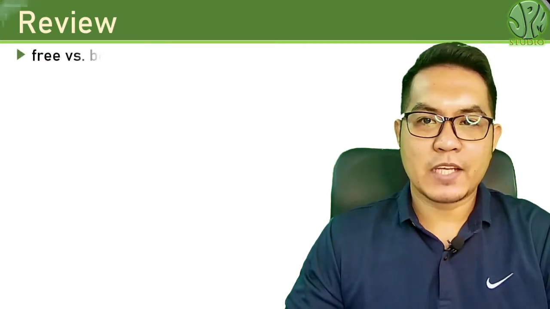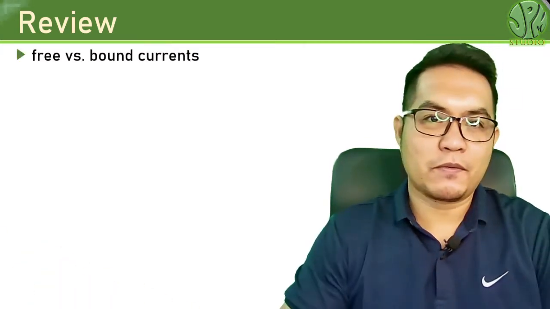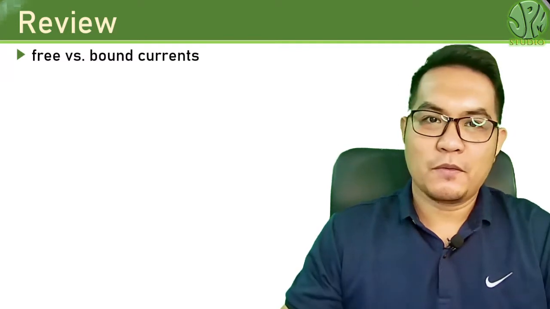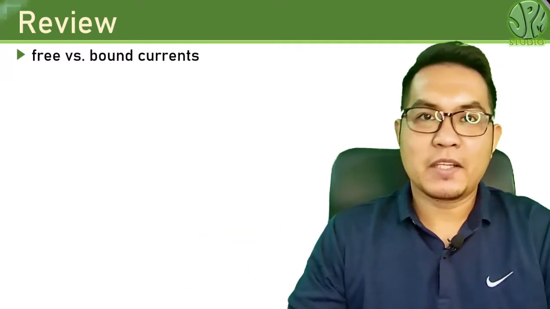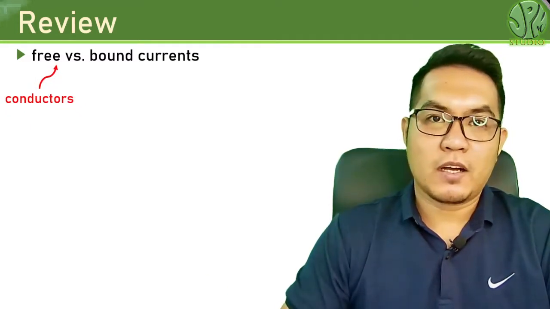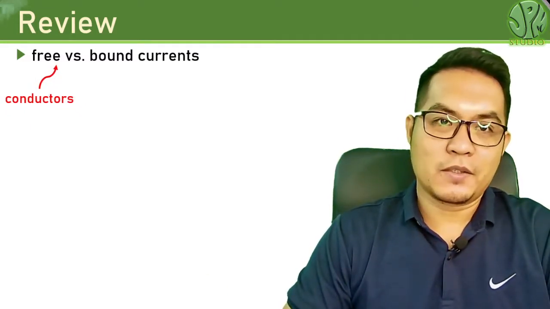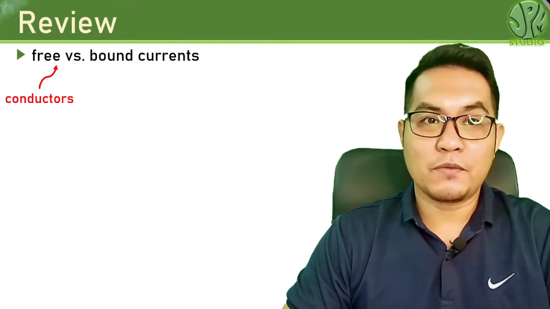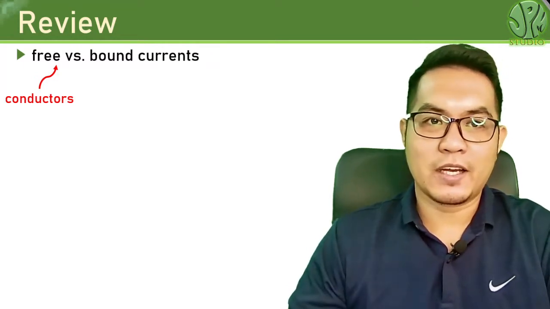So in the previous lesson, I also forgot to mention the difference between free and bound currents. Free currents, in the same manner as you have free charges, are basically found on conductors. So basically, charges that are moving in conductors are free currents.